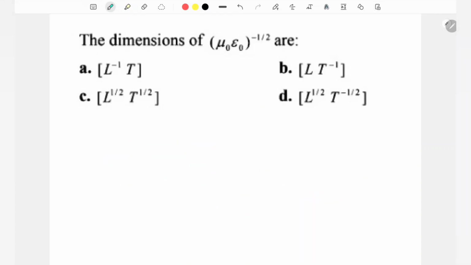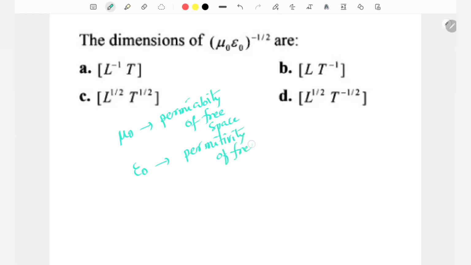The dimensions of mu naught epsilon naught whole to the power of minus 1 by 2 are, we know that mu naught is the permeability of free space and epsilon naught is the permittivity of free space.